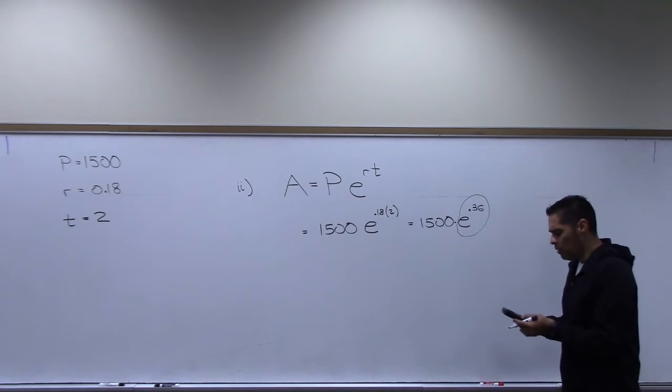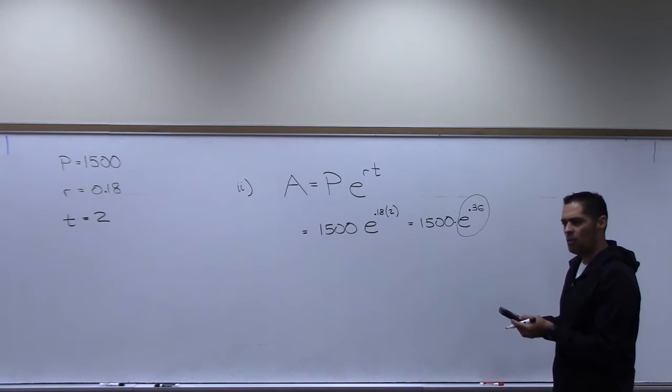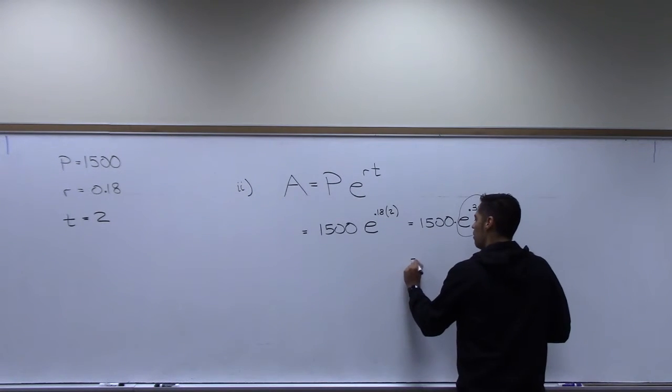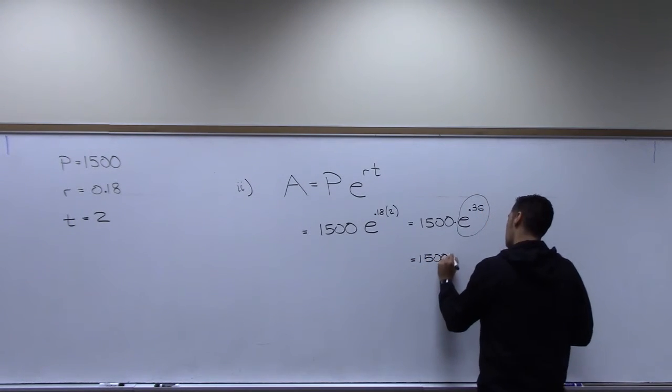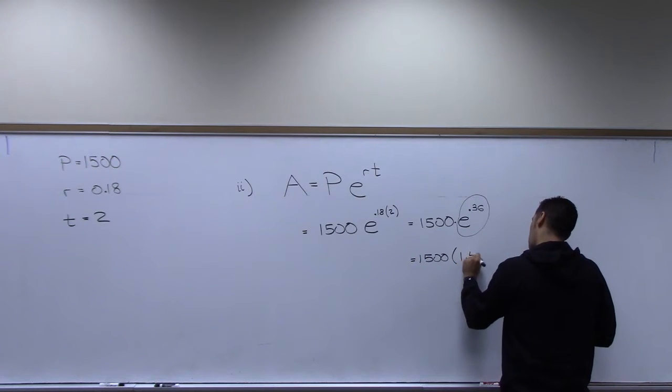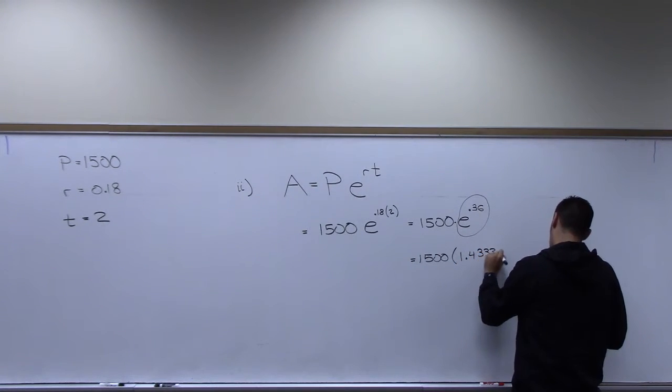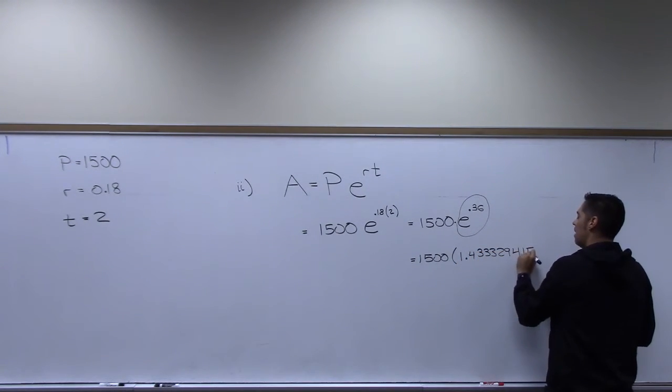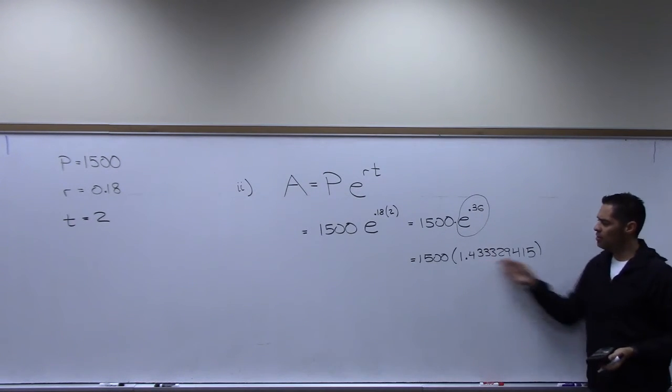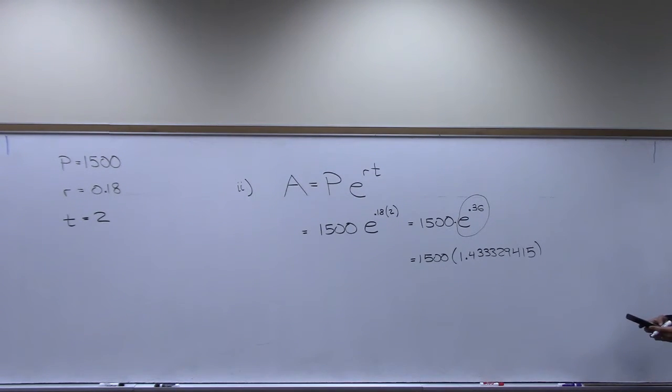Okay, 1.433329415, something like that? So 1,500 times 1.433329415. When you do this, go as many decimals as your calculator goes. Now multiply those.